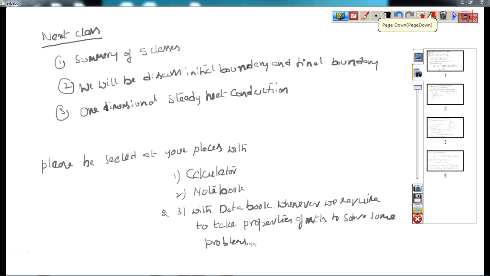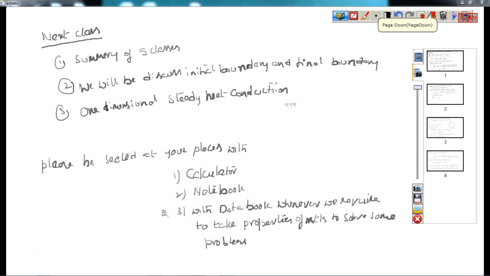right? So when we come to the next class, we will be summarizing the five classes we have considered so far, and we will discuss initial and final boundary conditions for the cases we have studied in the past five classes, and then, if time permits, we'll take up one dimensional steady state heat conduction equations and solve the problems.